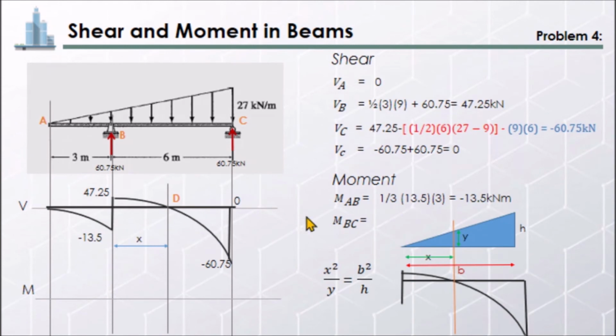So, we will use this from A to B. 1/3, ang base niya, 3 meters. Height niya, 13.5. Negative 13.5. So, that will give us negative 13.5 kilonewton meter. So, next naman is from B to C. So, from B to C, ito ipapasok, tsaka ito. So, ang problema natin dyan, class, kailangan natin i-divide into 2.